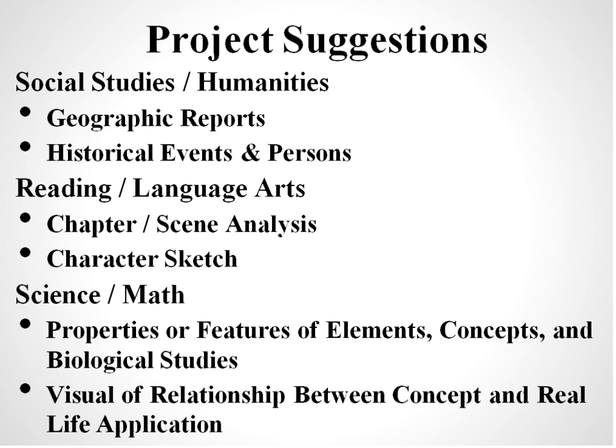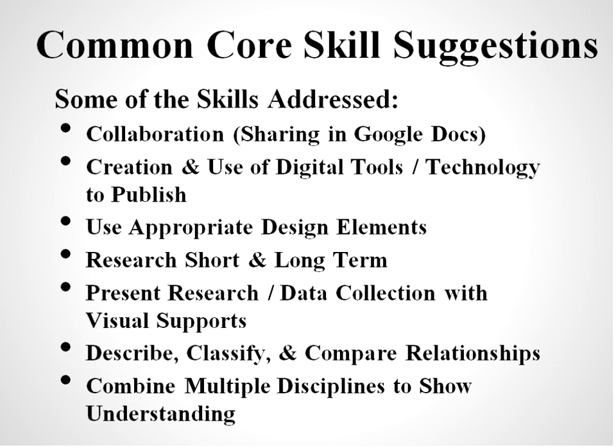Also for math, visual representation of concept and real-life applications. For example, maybe I'm using geometry words and vocabulary, and I'm going to put them in the shape of a house or a building. That would give you the concept that we use geometry in real life in building and architecture. So let's talk about the Common Core skills suggestions.